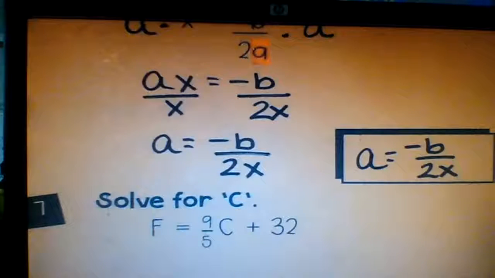Either way, I don't care which method. You got the same answer. I can almost guarantee you most of you are going to stick to the butterfly method because you recognize it.